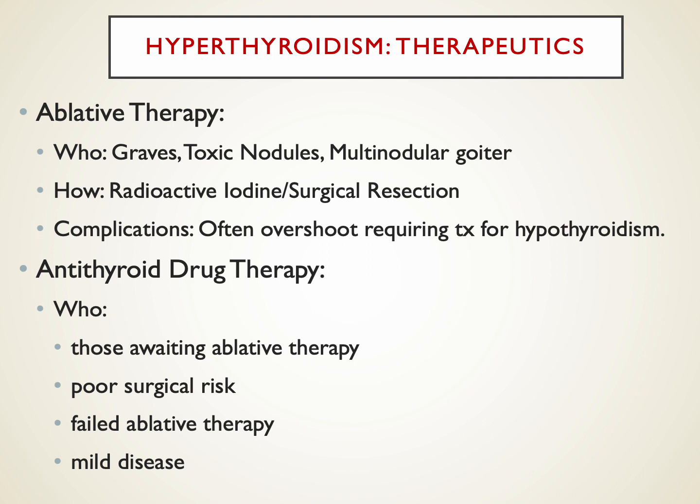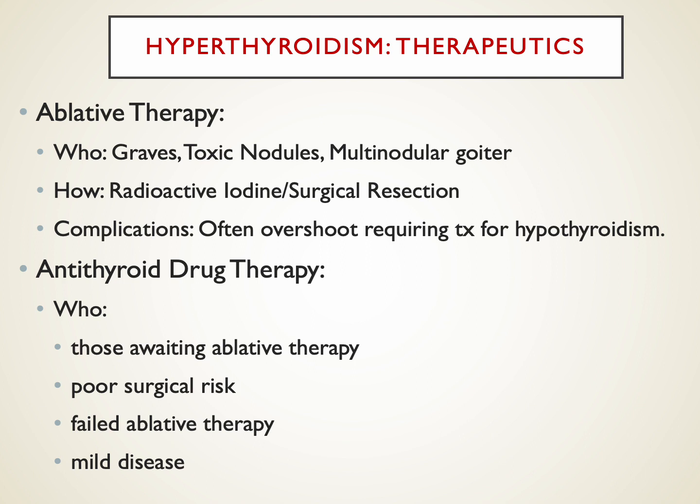A complication is that sometimes we overshoot our intervention and a patient becomes hypothyroid, requiring lifelong levothyroxine, as a patient with hypothyroidism would take. That's a pretty easy thing to manage. It's a risk associated with intervention, but it's important that we manage the hyperthyroidism because of the risks associated with it.